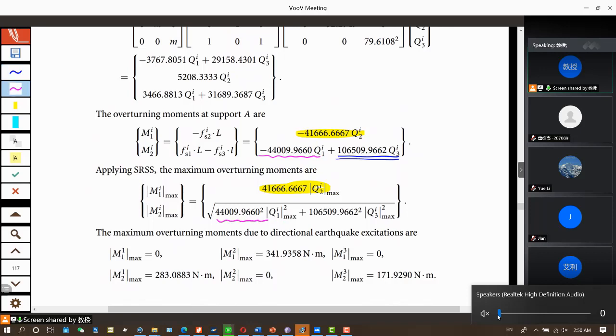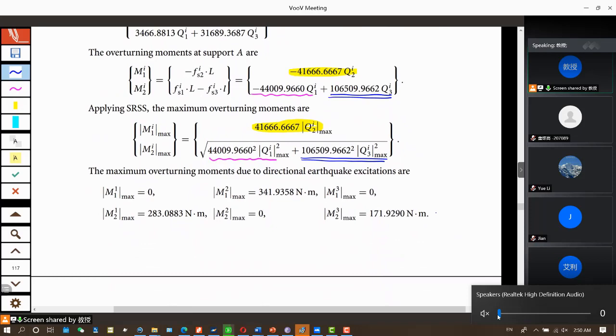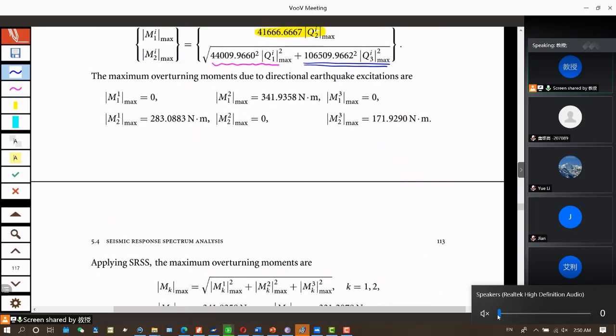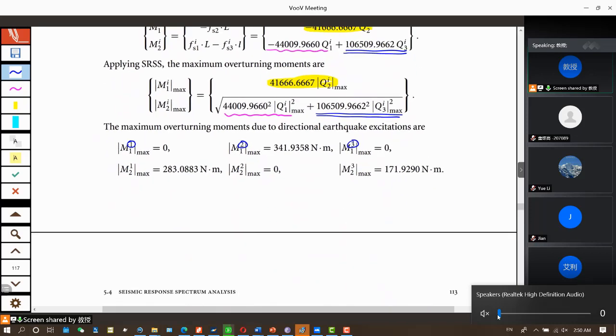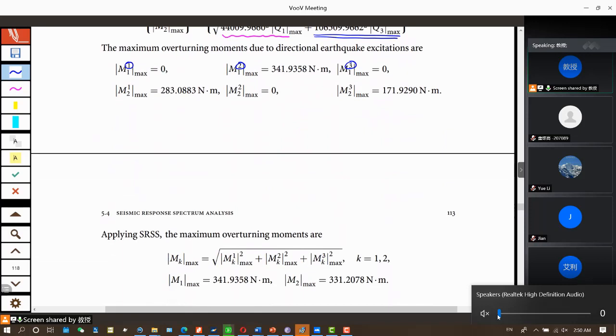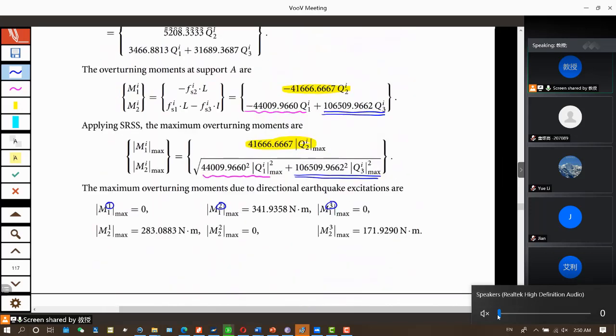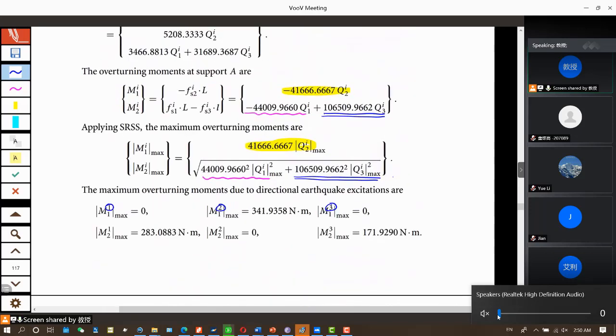Maybe I write here, these are the SRSS for modal contributions, and this is SRSS for directional contributions. Directional means 3 directions of earthquake excitations.